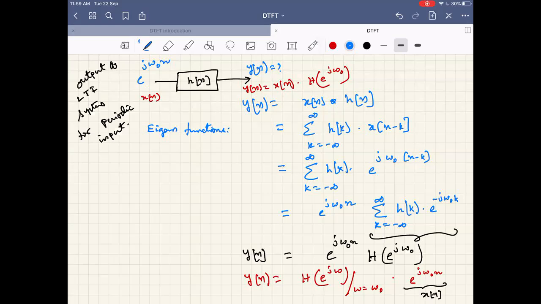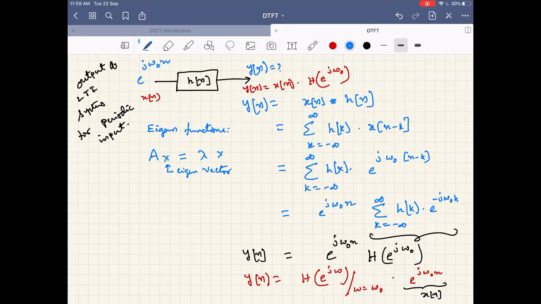This has similarity with eigenvalues, where if A is a linear transformation or a transformation matrix and x is a vector, and this is an eigenvector, then what output do I expect? Lambda times x. The same x comes as output.